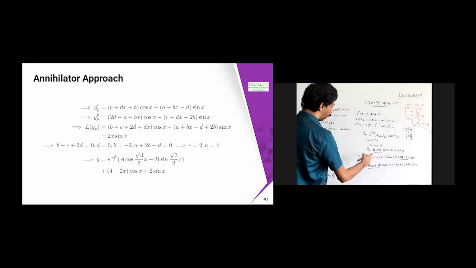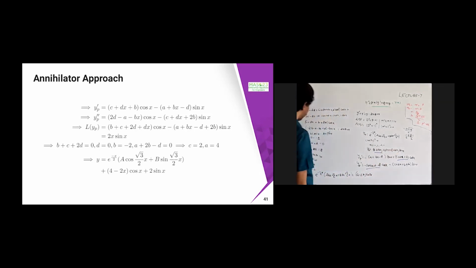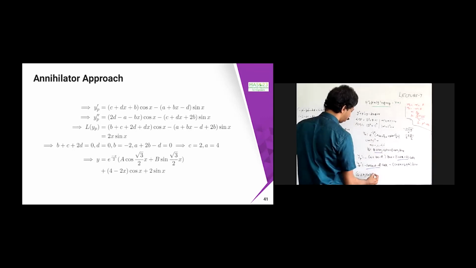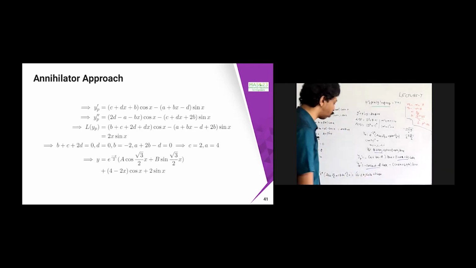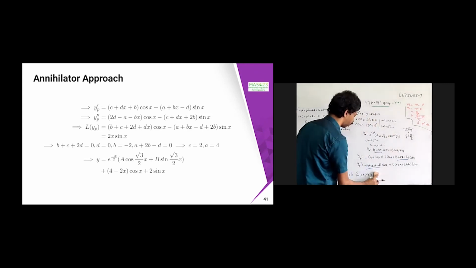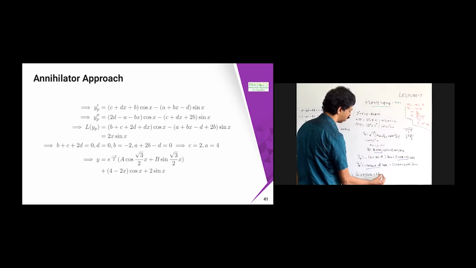So a is 4, and b is minus 2, so 4 minus 2x, into cos x. Then c plus dx: c is 2 and d is 0, therefore we are going to have 2 cos x. Okay, sorry, 2 sin x is going to come, plus 2 sin x. Okay, that's all.